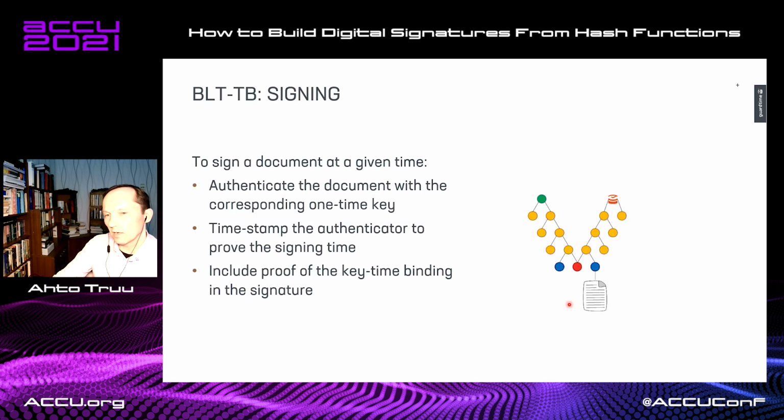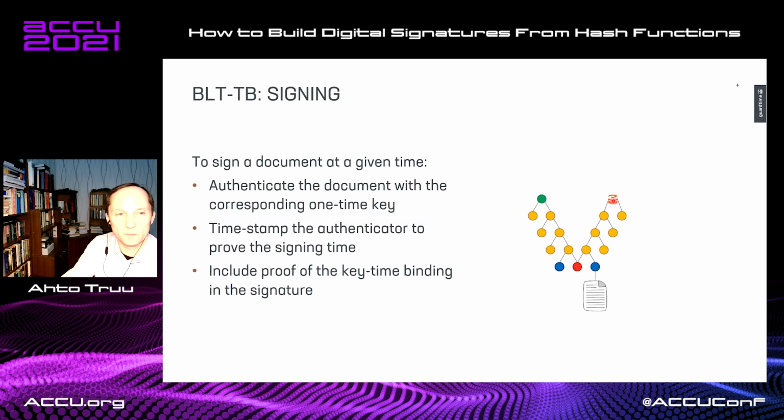The time in the timestamp binding the old key to the new document is recent, but the binding in this key pair is older. So the time here is older than the time in here. There is a mismatch and the verification fails. And this is why you can't reuse a key that you have extracted from an existing signature to create a new forged signature.